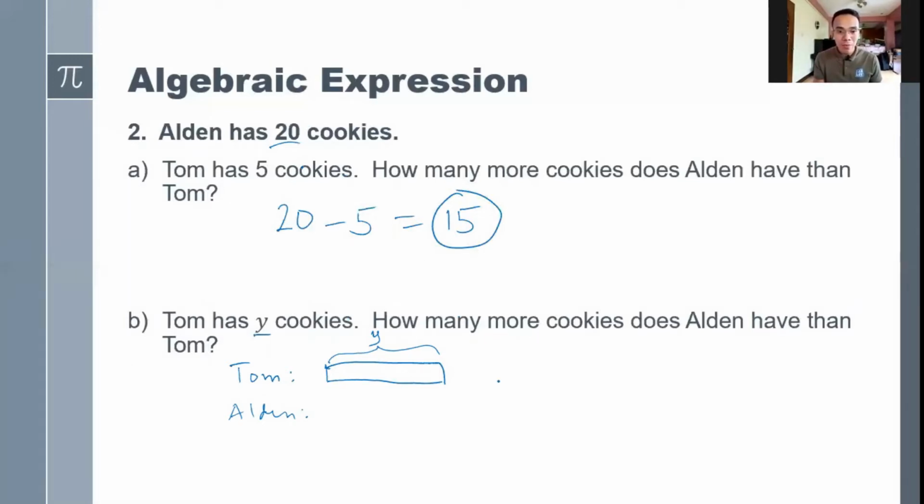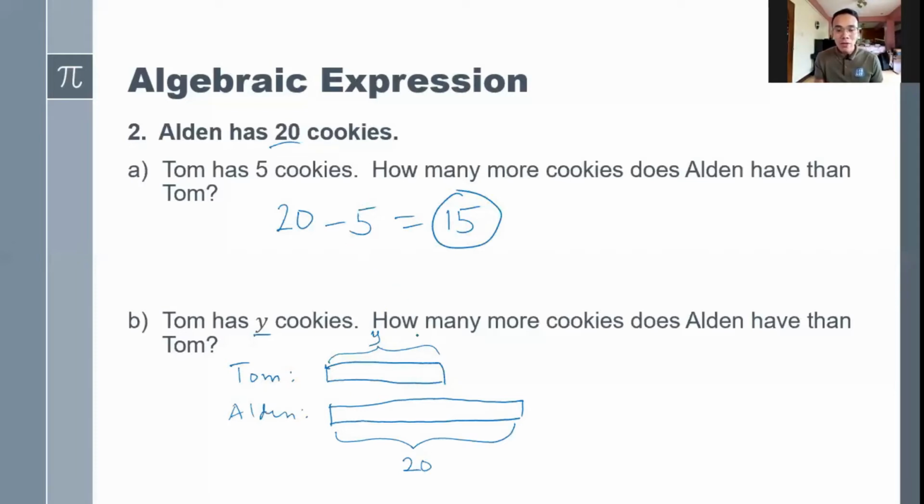If you read the question of the problem, how many more cookies does Alden have, it implies that Alden has more cookies than Tom, which means that if we draw a bar model for Alden, it should be longer than Tom's. So this should be longer because Alden has more. And how many cookies does Alden have? There are 20. It's given in the problem.